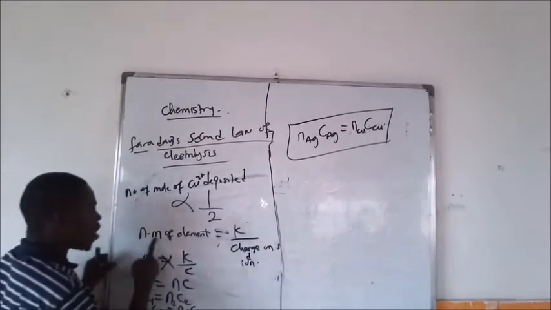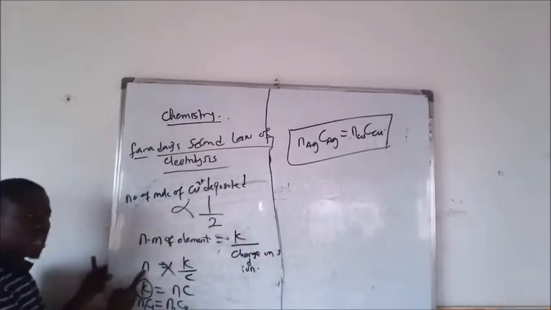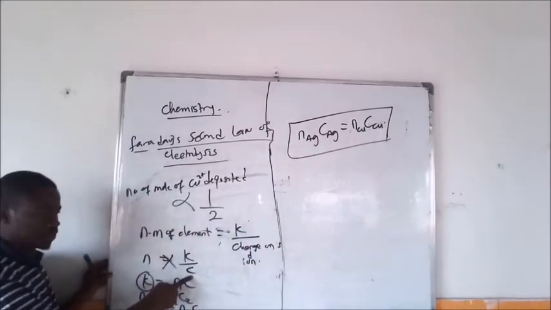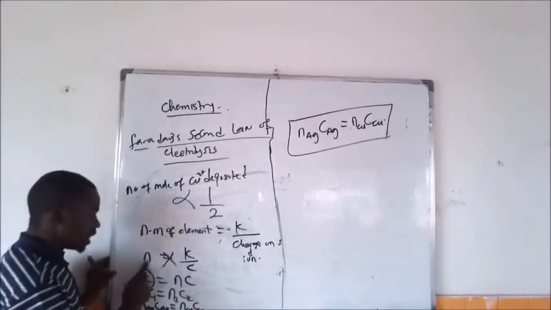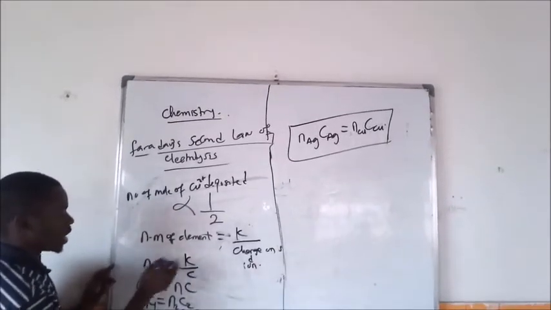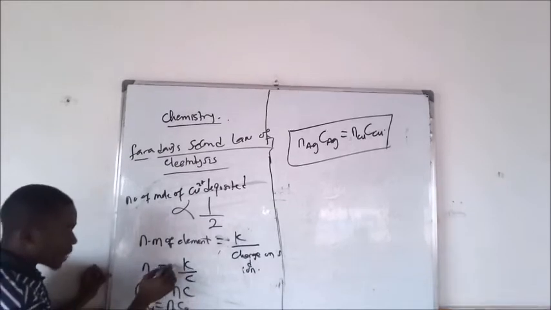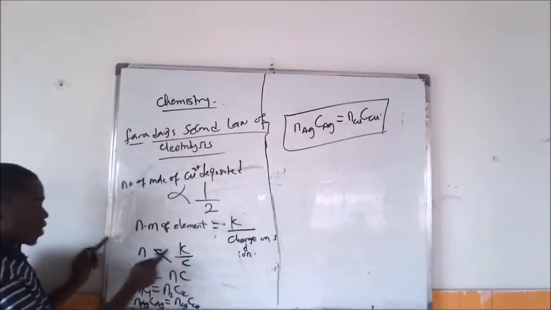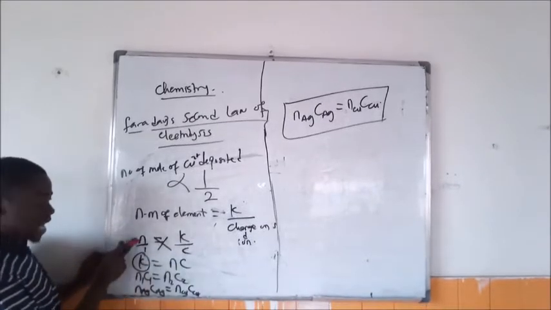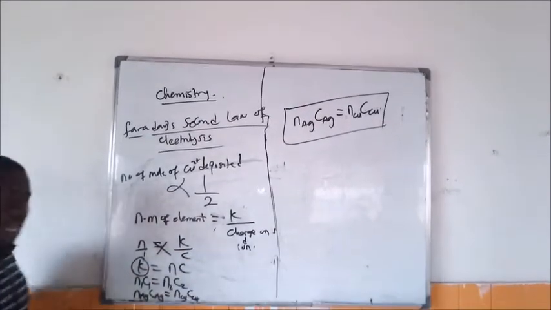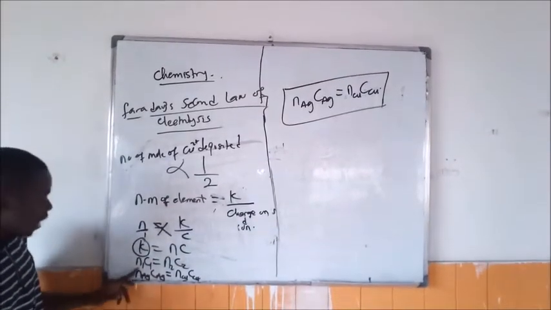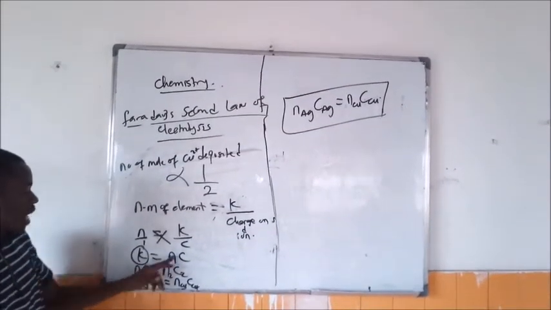Let's say the number of moles of elements is denoted with N, and the charge on the ions is denoted with C. Therefore N equals K over C. Now by the time you cross multiply, this K multiplies 1 here, which is equal to N multiplied by C. We have NC.